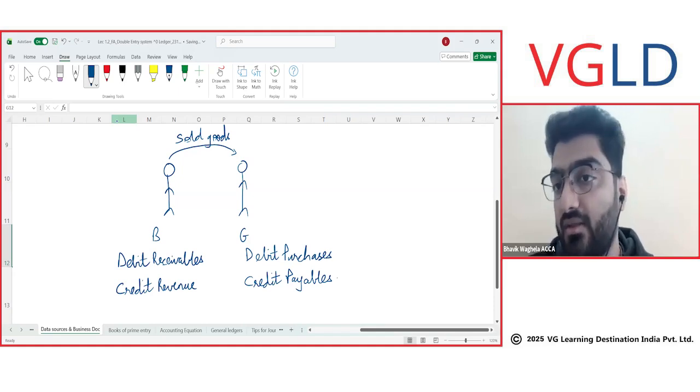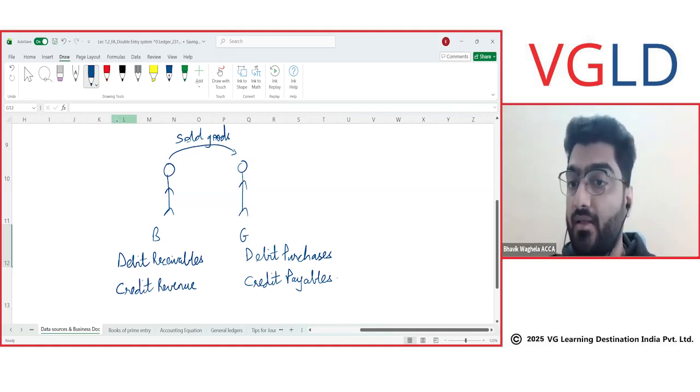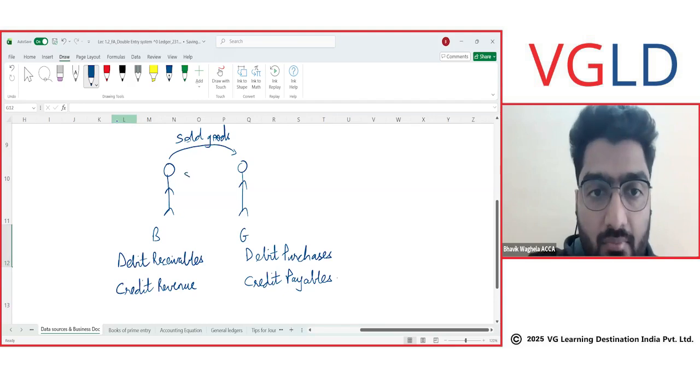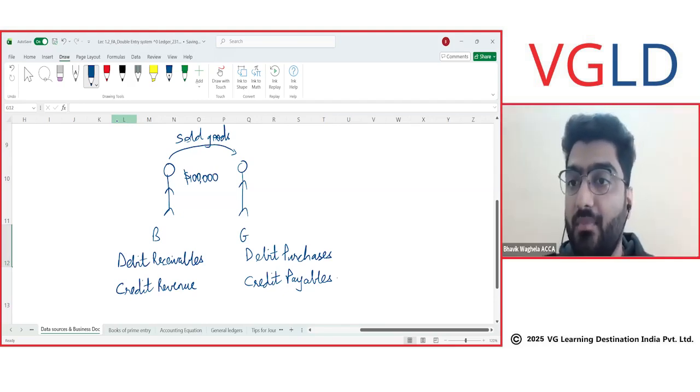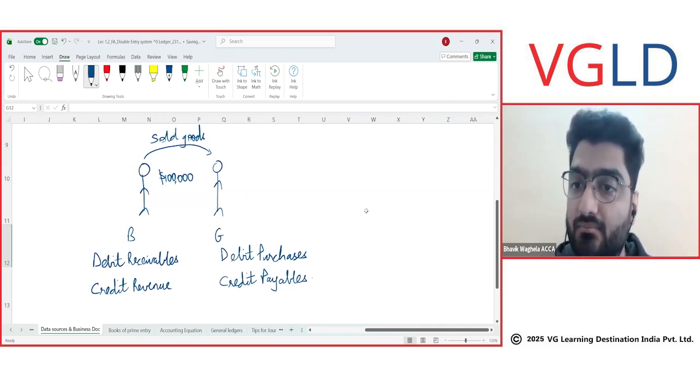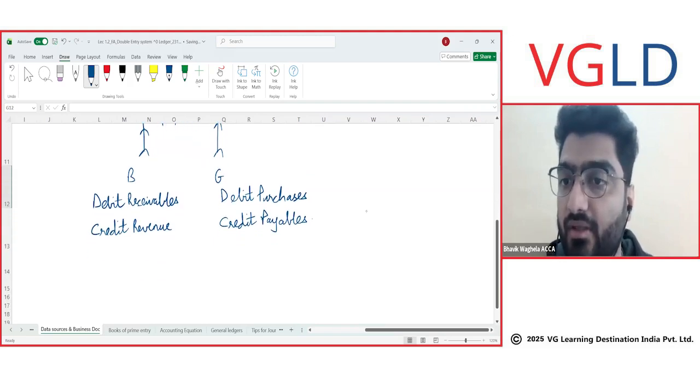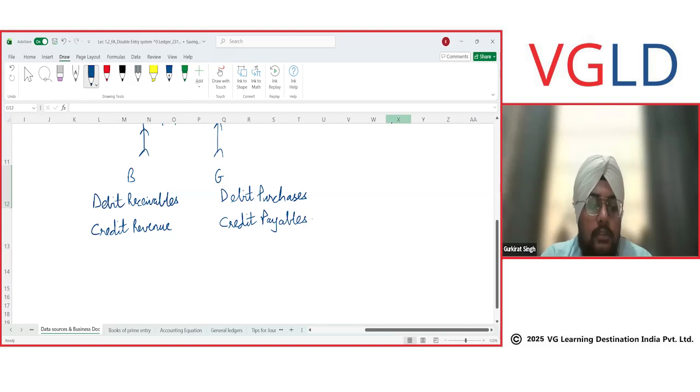Now, guys, when the goods are returned, think and tell me logically, will your payables amount increase or decrease? Decrease. Now, I told you that to record a liability, we credit it. To decrease a liability, do we debit it or credit it? No, Gurkirat, we debit.